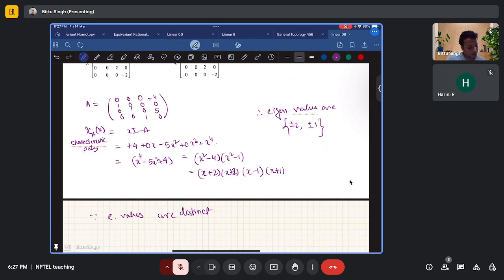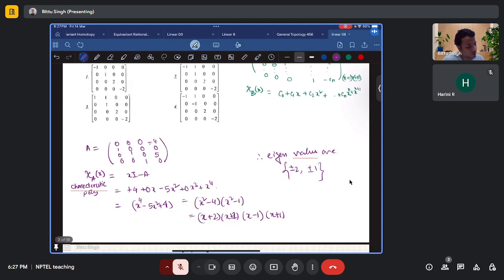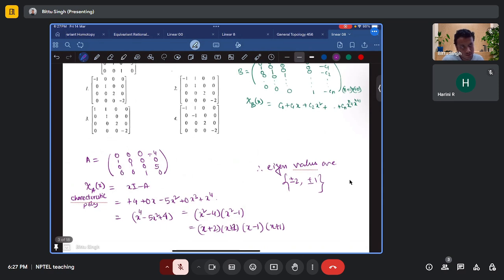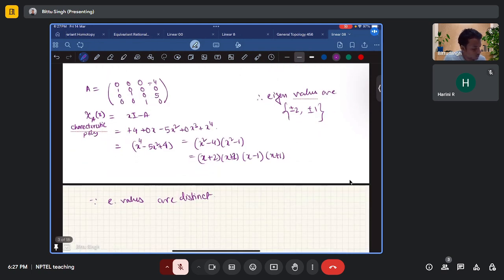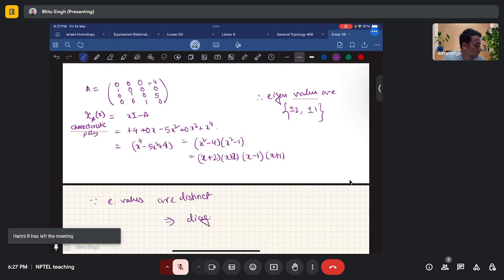We know that eigenvectors corresponding to distinct eigenvalues are linearly independent. So we have enough eigenvectors, there are actually 4 eigenvectors. Since this is a 4 by 4 matrix, we can always diagonalize. So distinct eigenvalues imply it is diagonalizable.